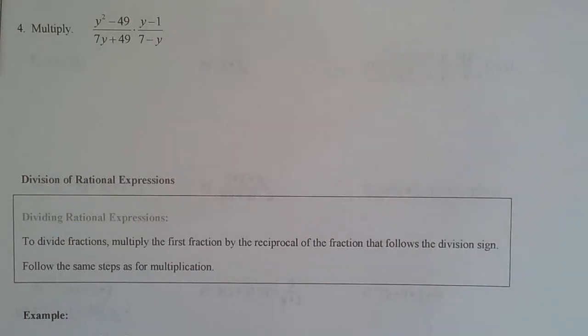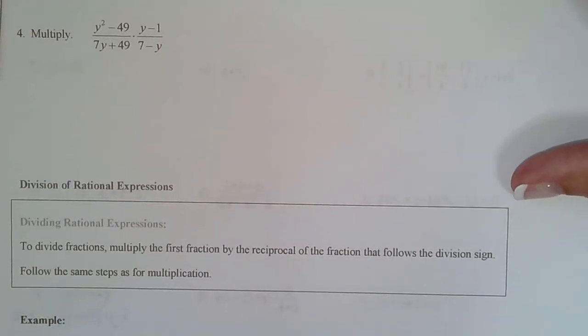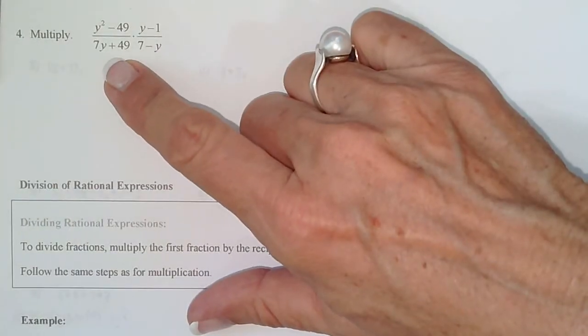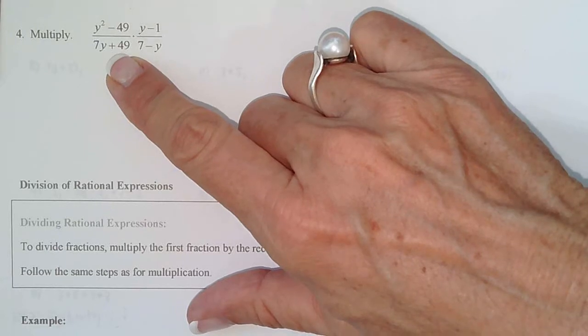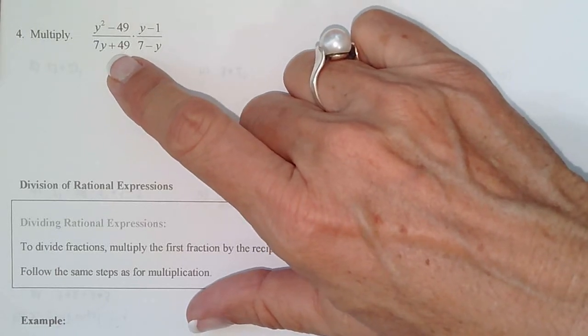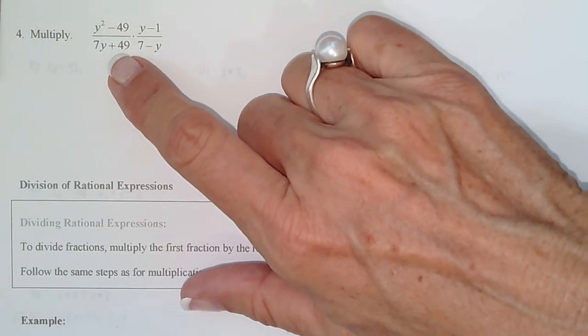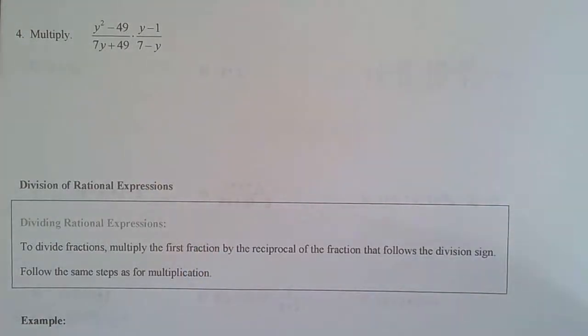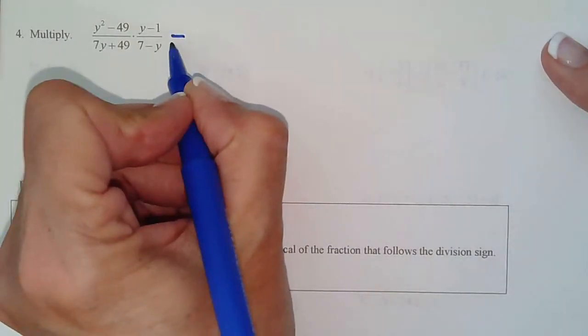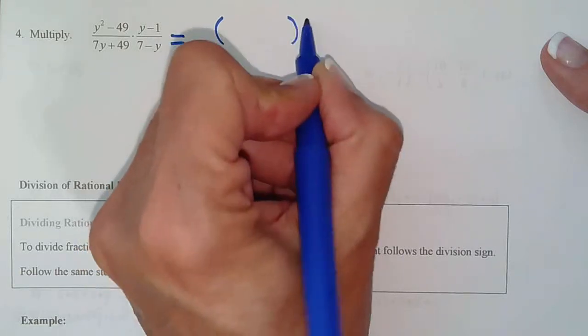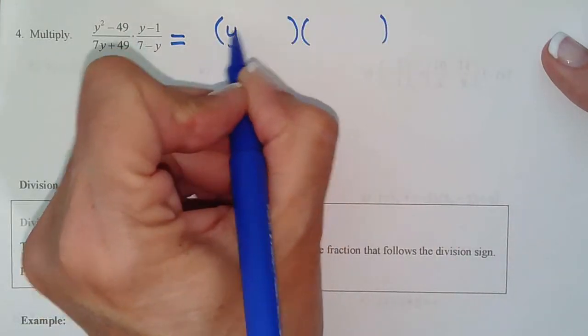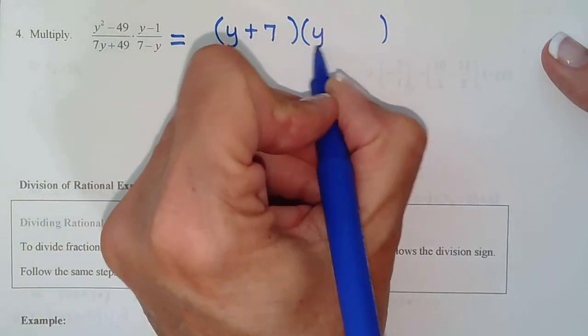So the numerator is a difference of squares. Denominator, a lot of students miss this. It's just a GCF. Remember, that's what you're supposed to look for first. So you should never skip GCF because it's always the first one you look for. So y squared minus 49 would be y plus 7, y minus 7.